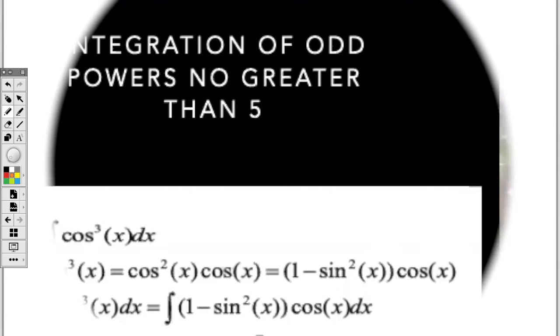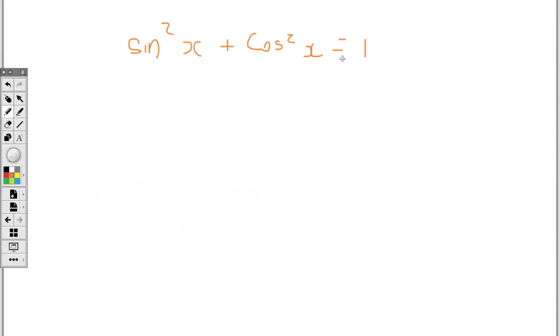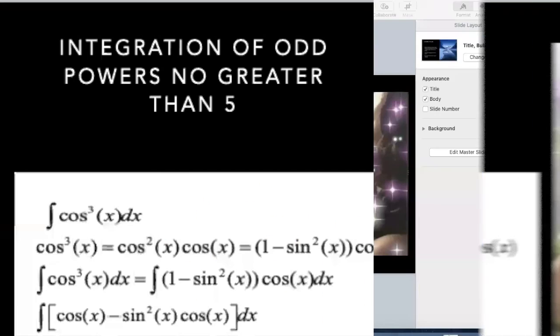Just to remind you, sine square x plus cos square x equals 1. So cos square x is equal to 1 minus sine square x. You can also have sine square x equal 1 minus cos square x. So we'll be using these identities.